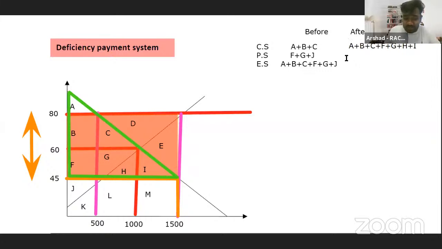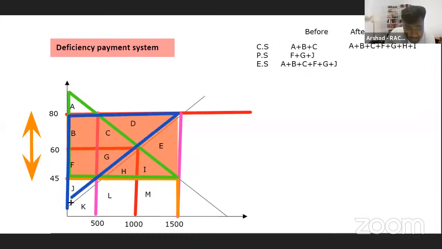Think of producer surplus. What is the price the producers are getting? Consumers are paying 45. Producers are getting 80, right? Government has promised 80. Consumer is paying 45. Government is giving the balance 35. They're getting 80. No, it's not just J. The producer surplus becomes this entire part, guys.